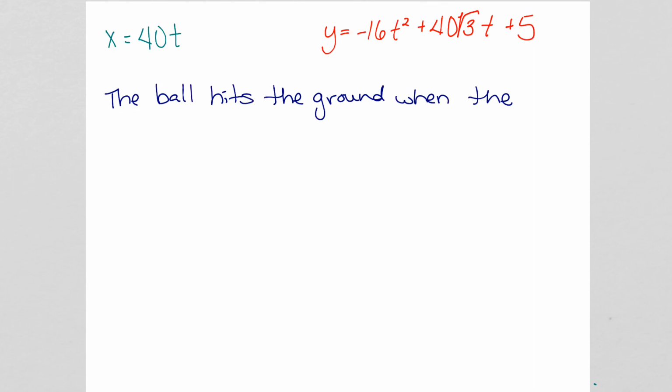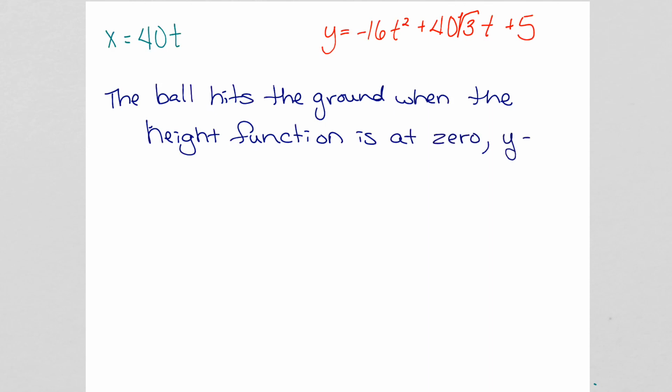So it would make sense that the ball hits the ground when the height function is at 0, or where y equals 0. Okay?